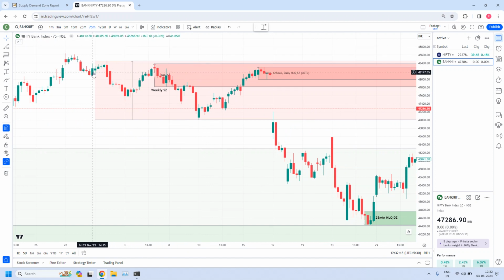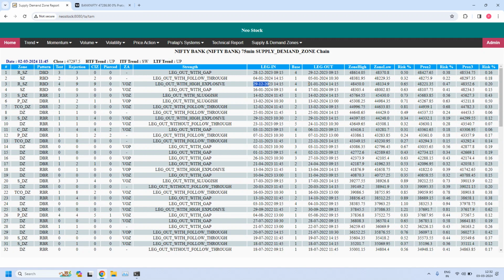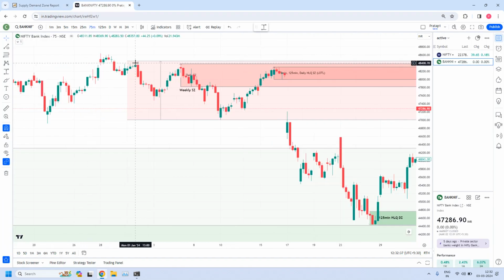So this is the one. 29,1, 215. This is the 75 minutes high liquidity zone. We have 4 base candles and a drop candle when? That is 1st January 1415. Let us check. Yeah, 1st January 1415. This is the 75 minutes high liquidity zone.